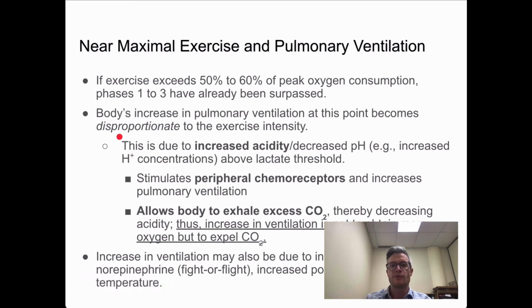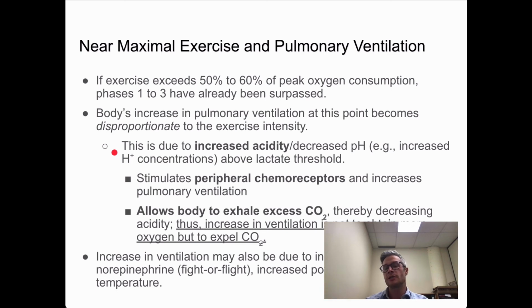The amount of oxygen that we're pulling in is sufficient even past this period, but we still see a significant increase in ventilation. The reason for that is increased acidity. Our working muscles create lactic acid and create an acidic condition for our body and our blood.